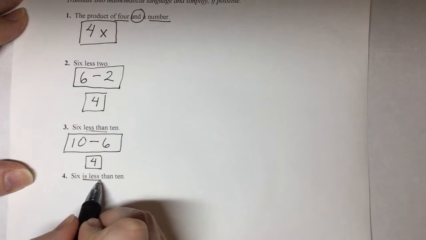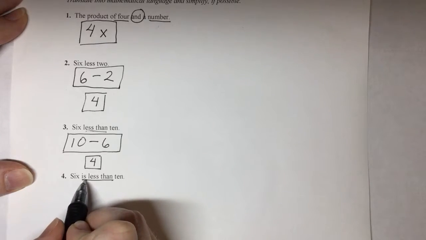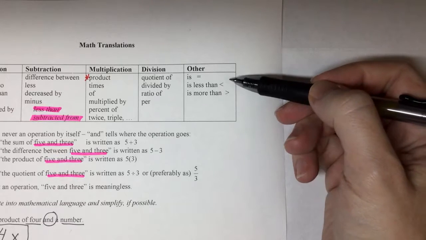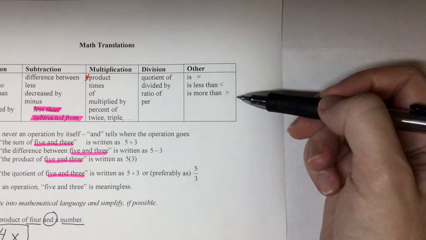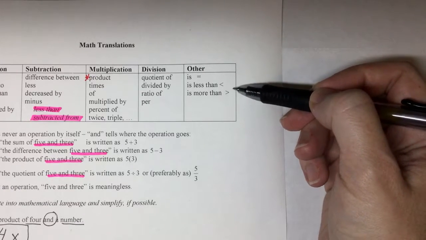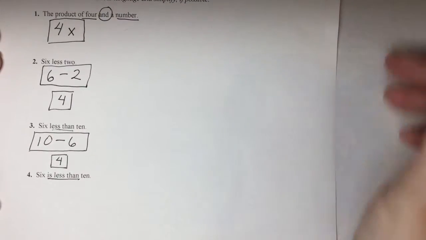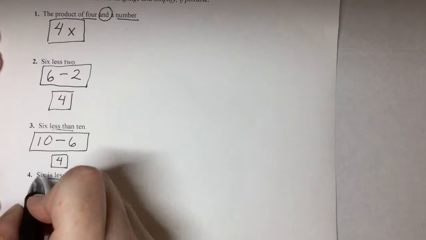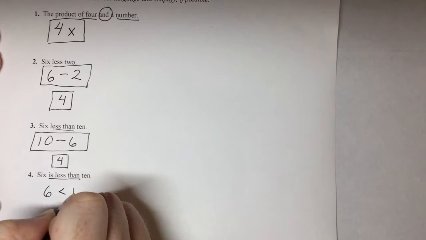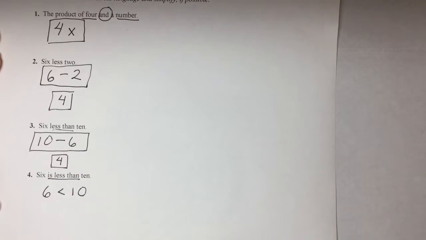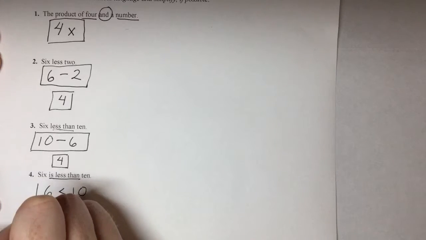6 is less than 10. When you have the is, you're having a sentence. That's this last box. Is for equals, is less than, is more than, and other approaches for inequalities. So with 6 is less than 10, we have the true statement that 6 is less than 10.